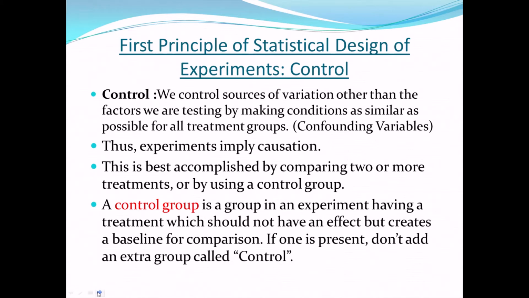It may not be named control group, but it's serving as the control you need for your experiment. So if you already have two groups, one serving as a control and one as a treatment group, don't add an extra group called control. Because if it's for old kind of feed, new kind of feed, and then no feed at all, that doesn't make any sense.